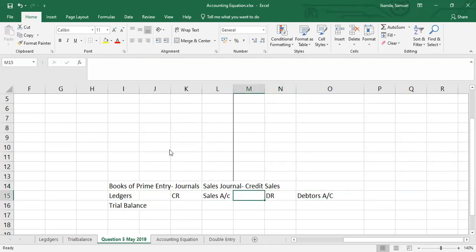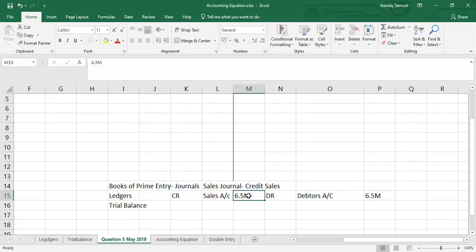So if we want to correct this error, since it was undercast, we have to increase it. We took a lower figure, so we can only correct this error by increasing it. So we shall credit sales by 6.5 and debit debtors by 6.5.